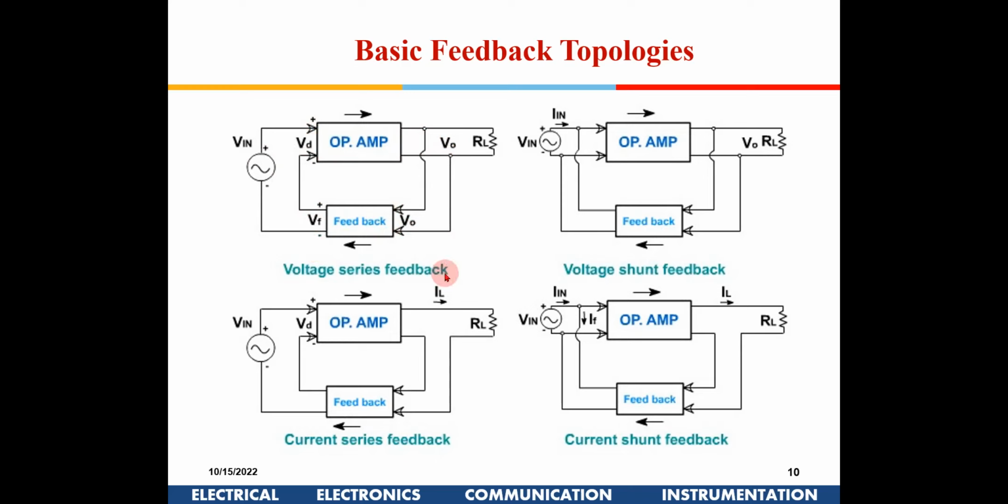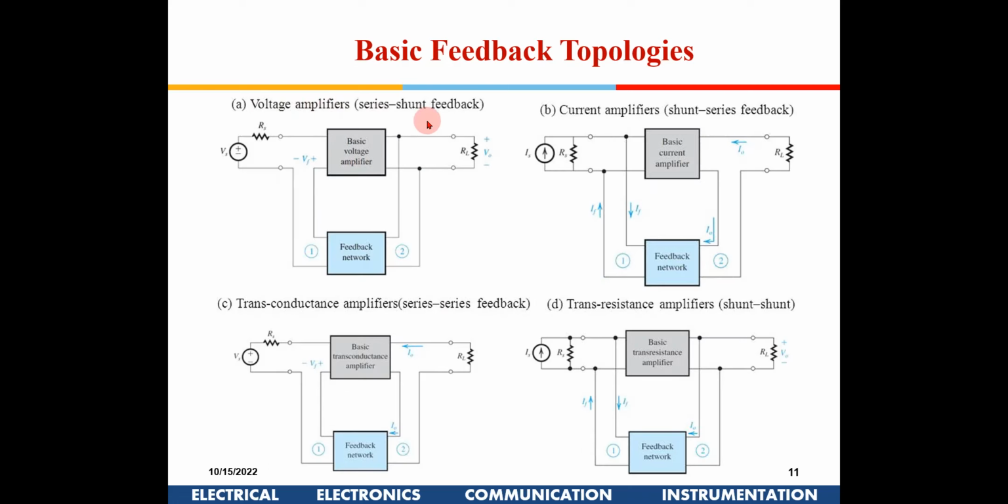So this is a mix and match. Here we are calling the sampling of the output voltage or current, and the connection which is given here, we are calling it either series or shunt. When we use this mix and match terminology, we can call it a voltage amplifier like this. Here it is not mix and match, series shunt series, here also it is not mix and match.